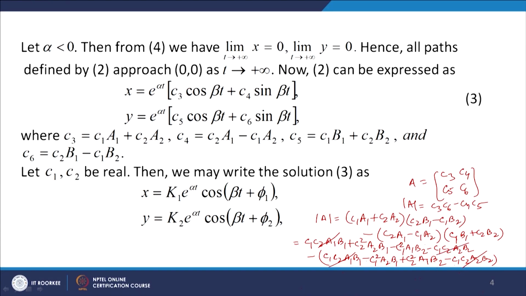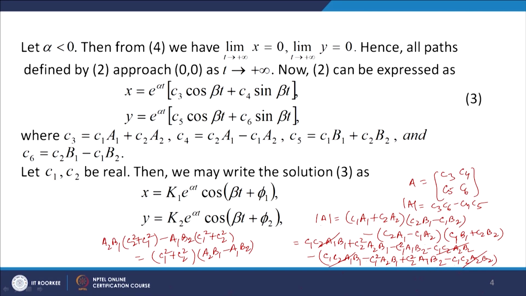So, this cancels with this, and what do we get then? a2 b1 times c2 square plus c1 square, and here a1 b2 times c1 square plus c2 square. So, determinant of A is actually c1 square plus c2 square times a2 b1 minus a1 b2.